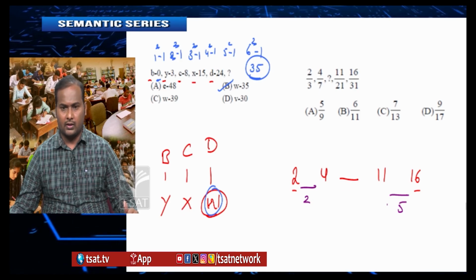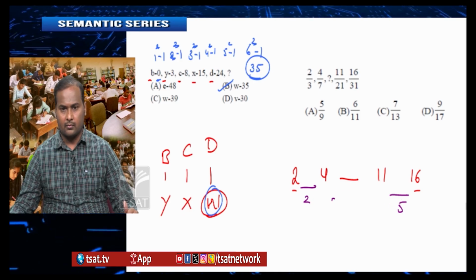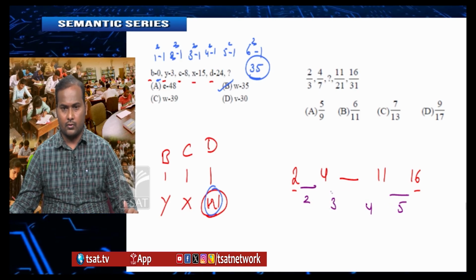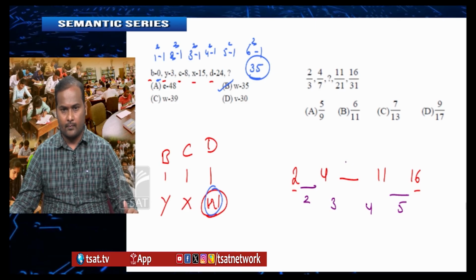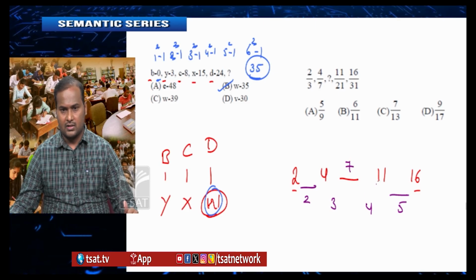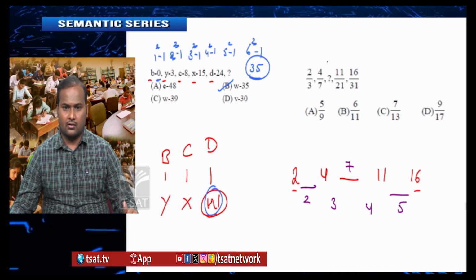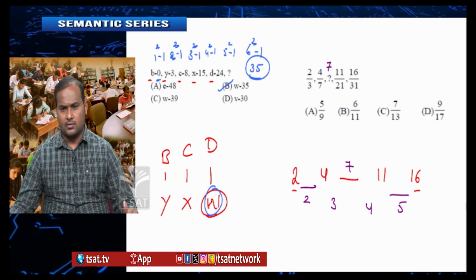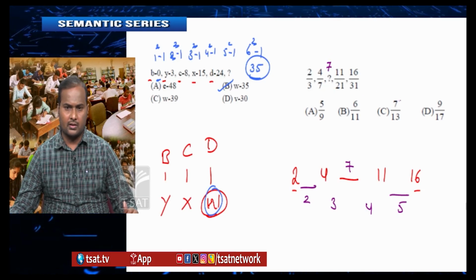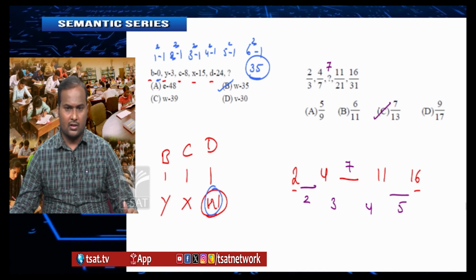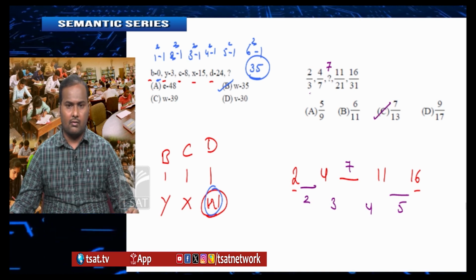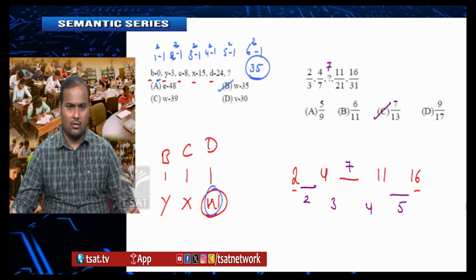So here 2, and here 5. Obviously the differences in between will be 3 and 4. So 4 plus 3 is 7, 7 plus 4 is 11, 11 plus 5 is 16. So your answer is 7. You see in the options there is only one option where the numerator is 7, that is option C.